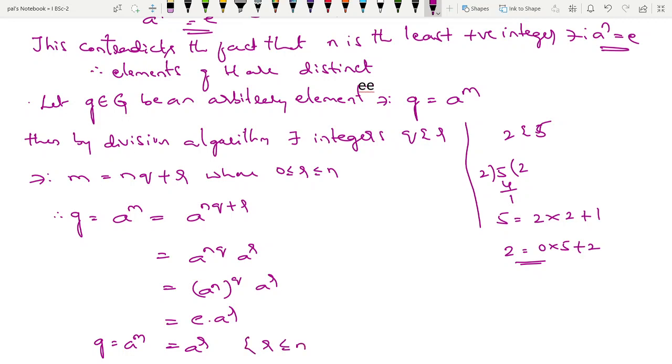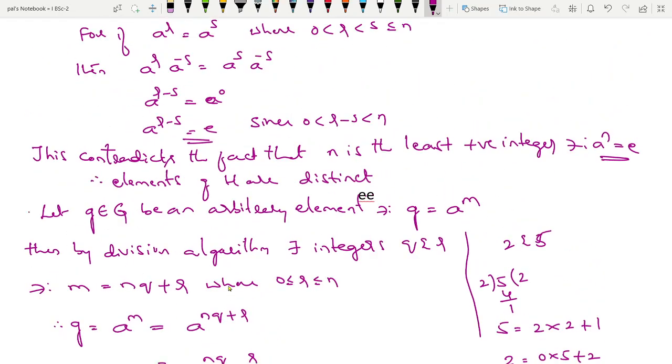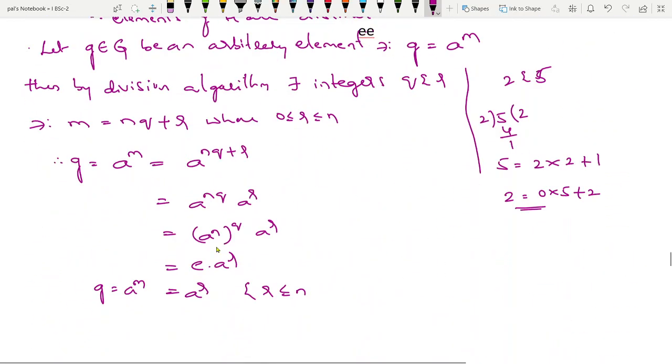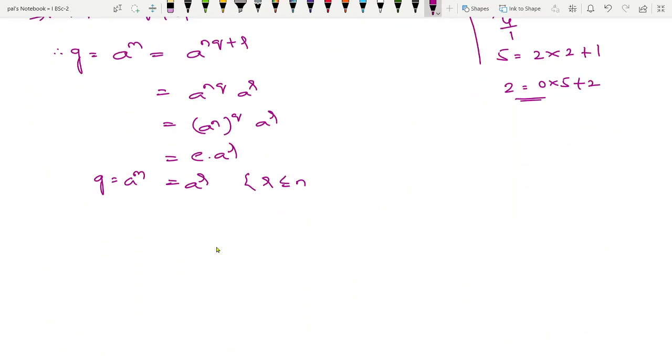That means if a to the power is less than n, it will be inside this set. So this element belongs to the set H. So g is equal to a to the power of r and r is less than n. So clearly, therefore you write g is an element of H. Like this you can show that all the elements of group G are elements of H.